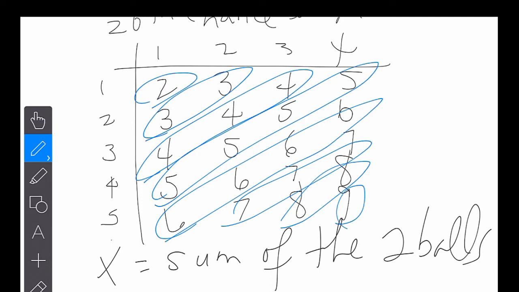And then we can make a table with little x, right? Because that represents the values. And then here, the probability that big X takes the value little x. And the possibilities are 2, 3, 4, 5, 6, 7, 8, and 9. Okay, so this looks a little different because we did something different.